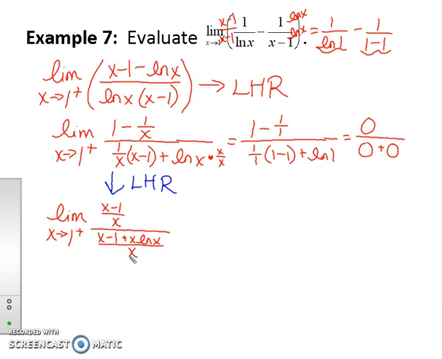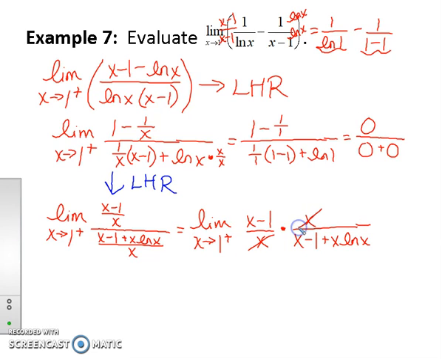Now I have a fraction divided by a fraction, so I'm going to do my good old keep change flip. So I have x minus 1 over x times x over x minus 1 plus x natural log of x.